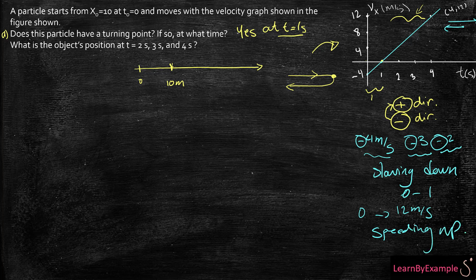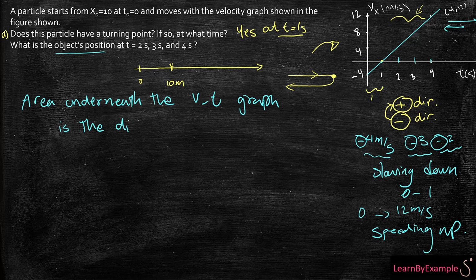All right, now that I know this, I want to find out what the object's position is at t equals 2 seconds, 3 seconds, and 4 seconds. Now, in order to do this, what I know is that the area underneath the velocity time graph is the displacement.